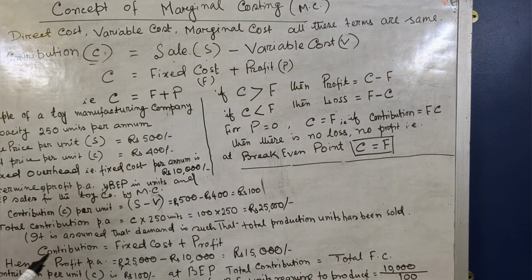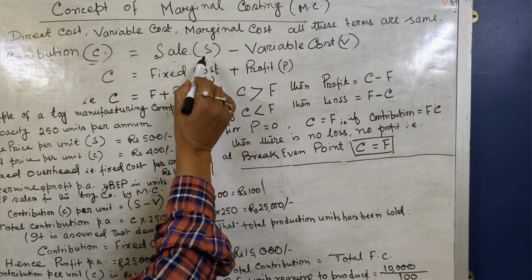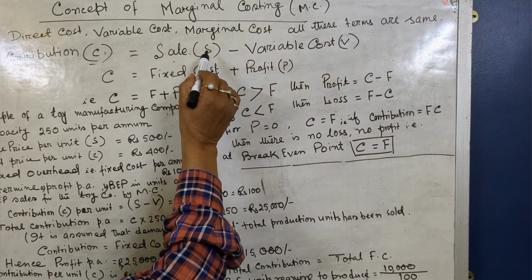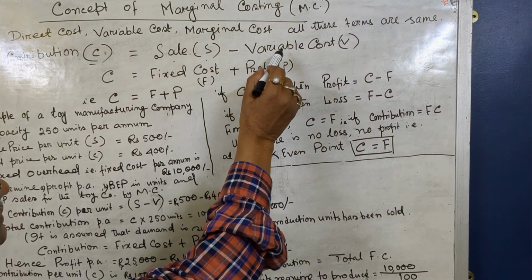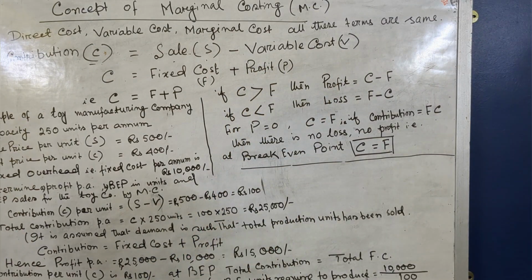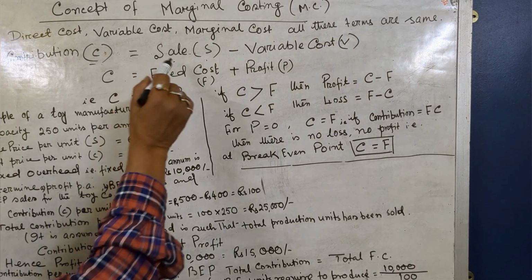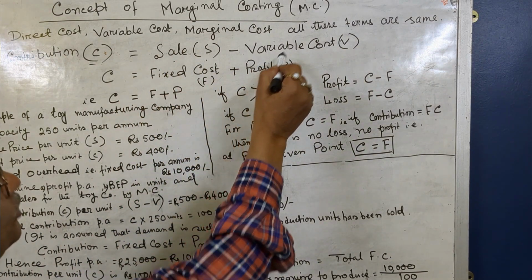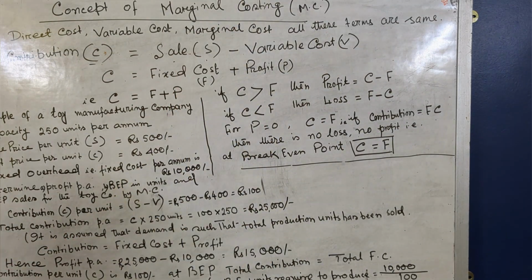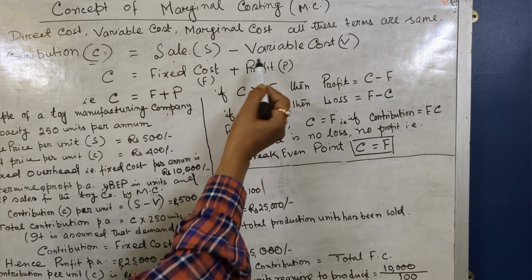Suppose the sale price of a product is rupees 100 per unit, and the variable cost for that product is rupees 80 per unit. If you sell that product in the market, then your 80 rupees will go out with the product. You will never get it back.